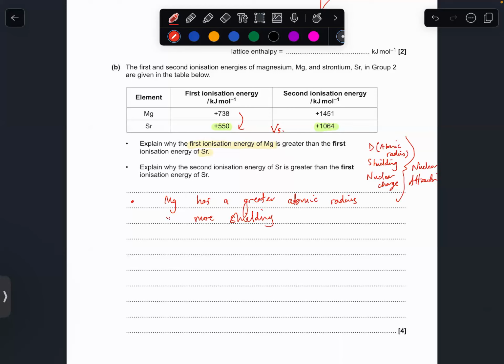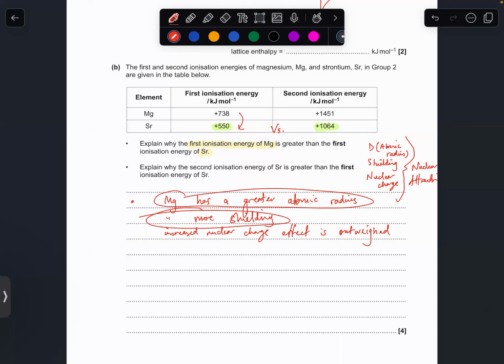Now, even though the nuclear charge increases, the increased nuclear charge effect is outweighed by the first two. Whether you say the first point or the second point, either gets you the first mark.